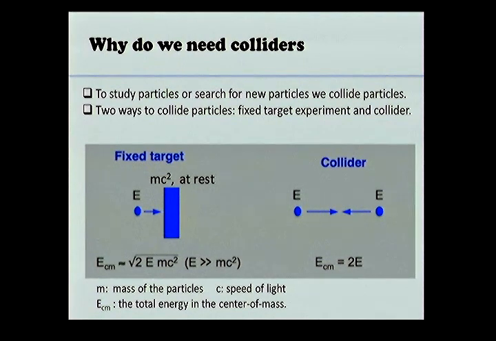So the total energy in the center of mass from the collision in the collider is much higher than from the fixed target experiment. That means a collider can reach much higher energies. Much higher energies means we can provide more violent conditions and more efficient conditions, with a better chance to discover the inner structure of particles.